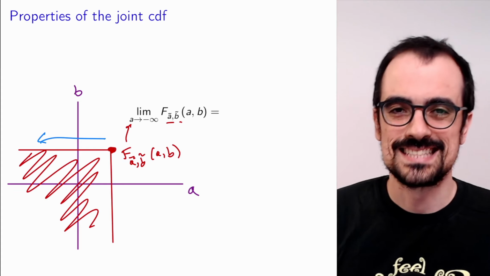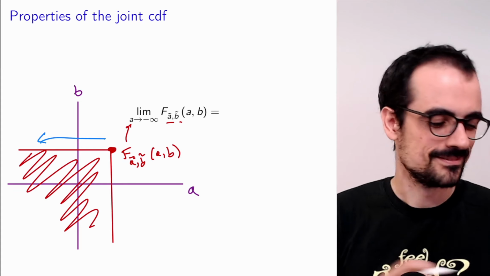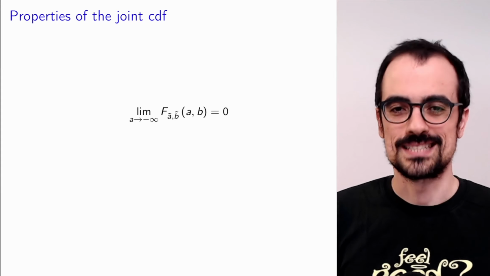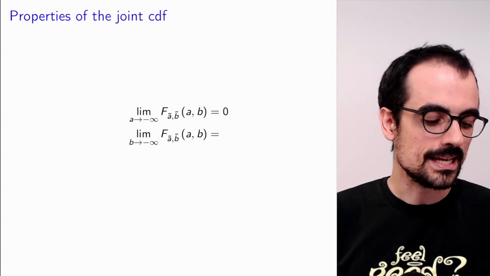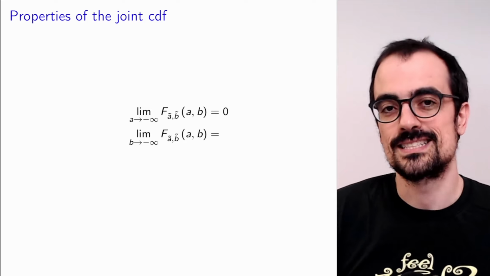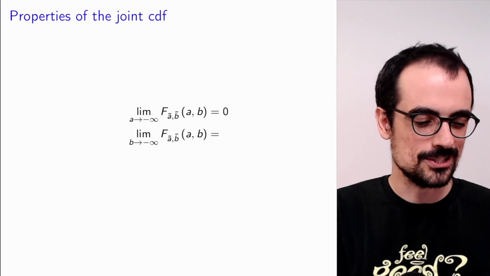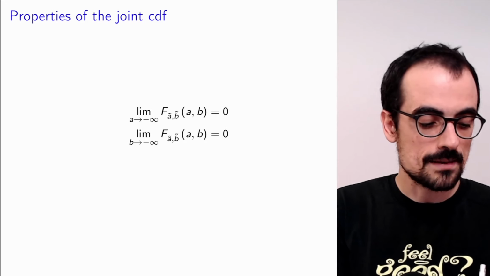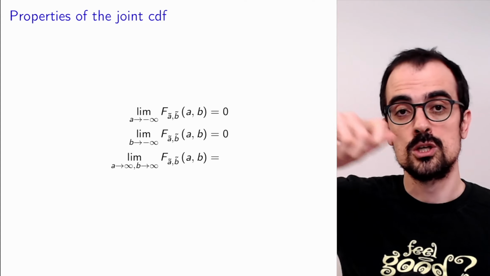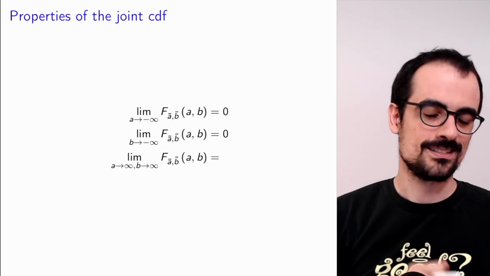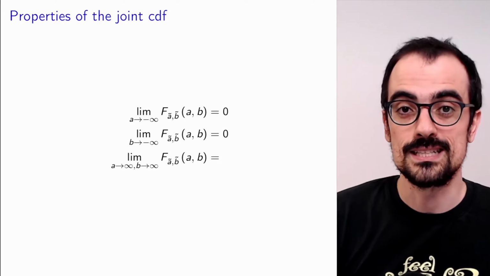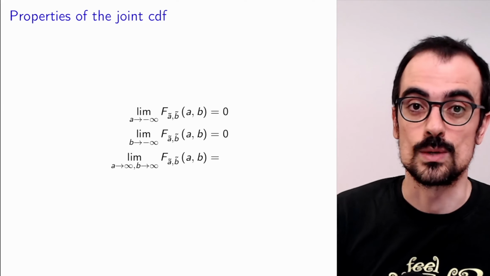Well, eventually that probability is going to be 0. What happens if we take B to minus infinity? Same thing. Eventually that probability is also going to be 0. What happens if we take both of them to infinity? Then we're covering the whole plane, so that probability has to be 1, because the random vector has to end up somewhere.